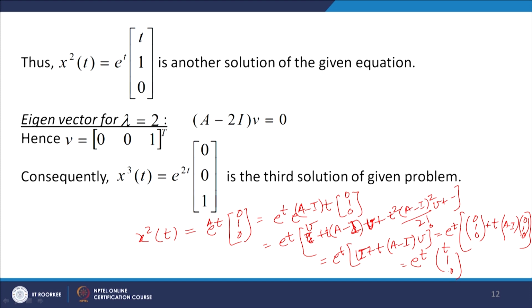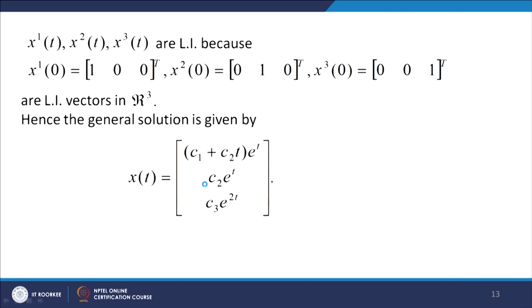For lambda equal to 2 we have the equation (A minus 2 I) b equal to 0. If we solve this, we will get b equal to (0, 0, 1) transpose. So the third solution is x 3 t equal to e to the power 2 t (0, 0, 1). Thus we have 3 linearly independent solutions. How are they linearly independent? x 1 0 is (1, 0, 0), x 2 0 is (0, 1, 0), and x 3 0 is (0, 0, 1).